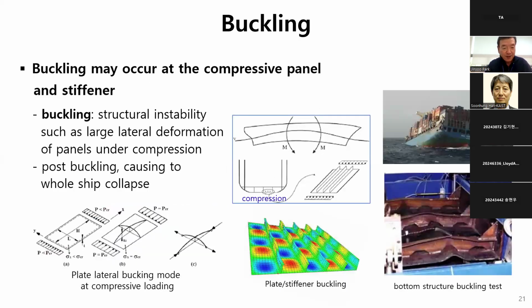A buckling. Sometimes buckling occurs at the compressive panel and stiffener. In this case, buckling refers to structural instability, such as large lateral deformation of panels under compression. In this case, the bottom plate receives compressive stresses by the hogging moment.